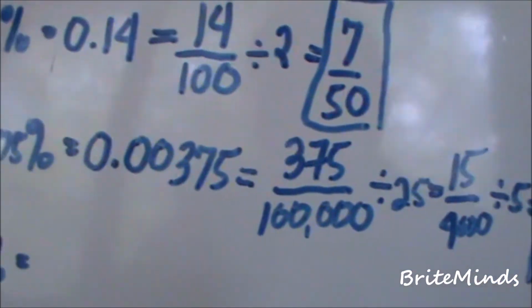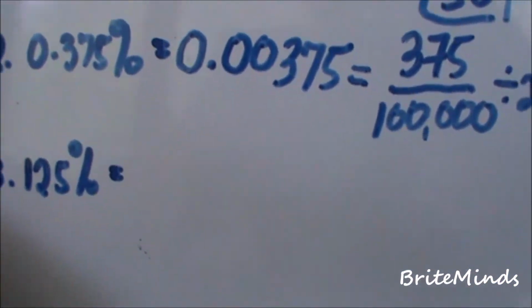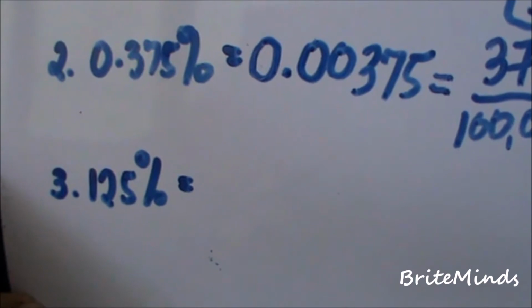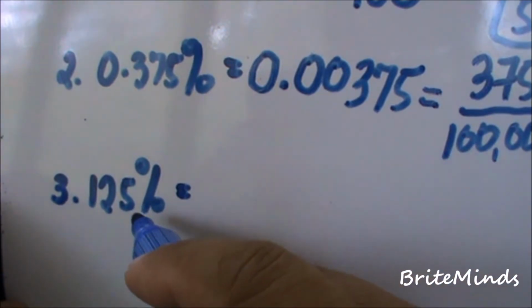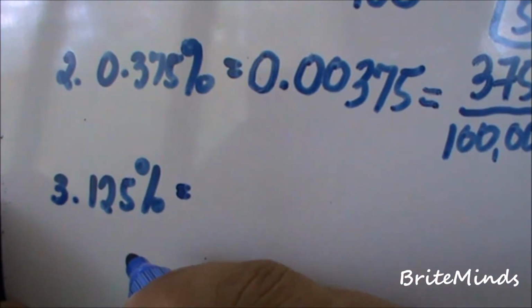Now I have another example here, example number 3: 125%. We need to change this first to decimal.